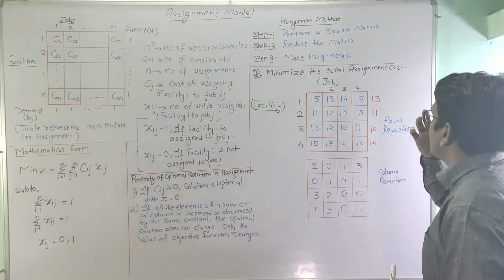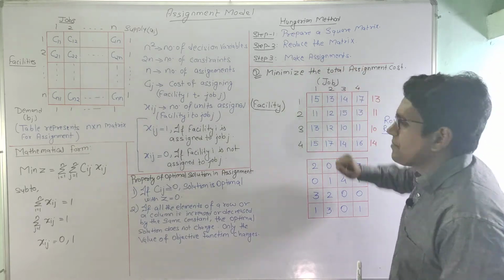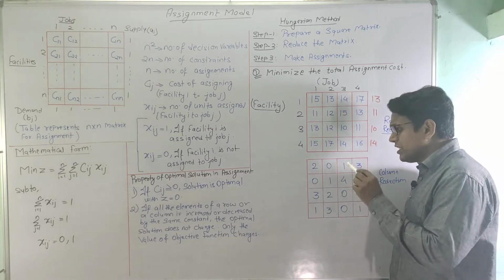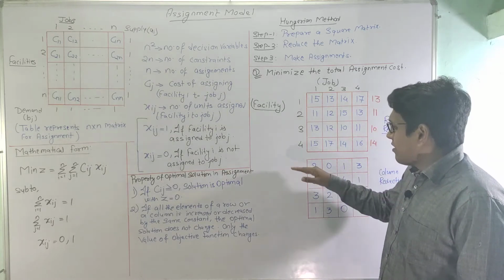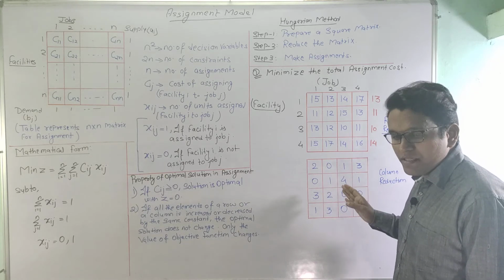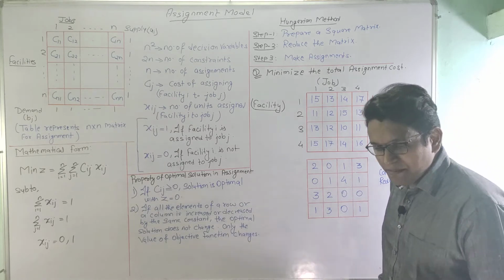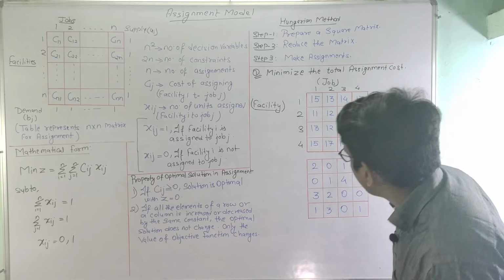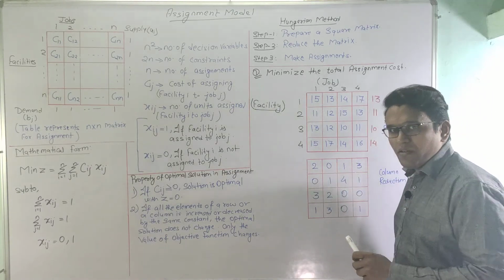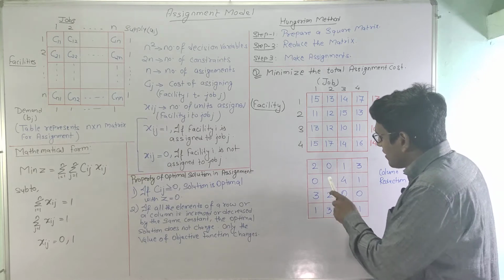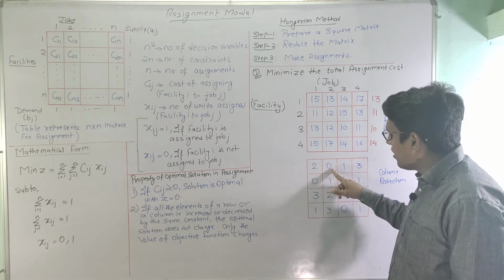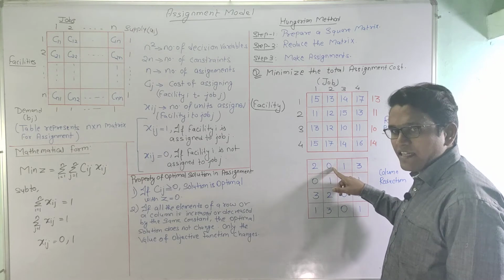And after this we have to make the assignment. Now how do we make the assignment? We need to assign row wise first, then we will move column wise. In row wise assignment, we need to see if there is an assignable 0. What is an assignable 0? If there is a single 0 in this row, we can say that this is an assignable 0.